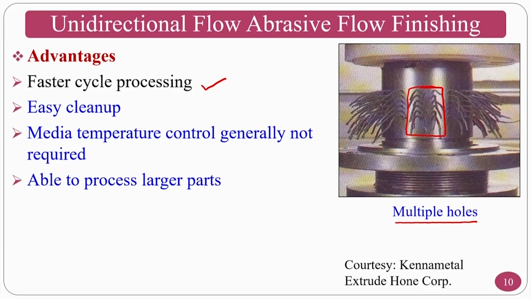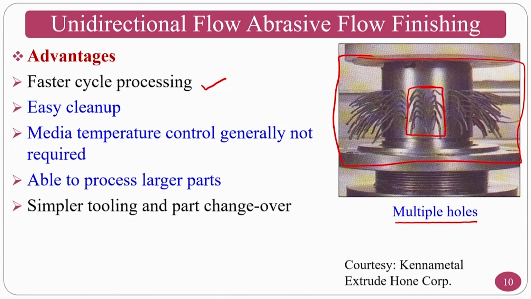It is able to process larger parts; it does not matter whether it is a small part or a big part. Even a very big part, like whatever you are seeing in this picture, can be accomplished in one go. Simpler tooling and part changeover are required, because you are extruding from one direction and the finishing takes place straight away.